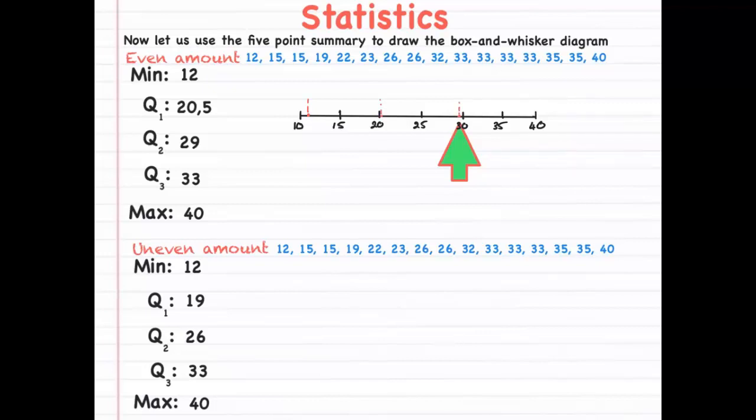Okay, see, small little dotted lines. And then our Q3 is 33, which is just after the 30, so it will be around there, and then we go up with our dotted line as well, and then our maximum is 40 and we go up to there.